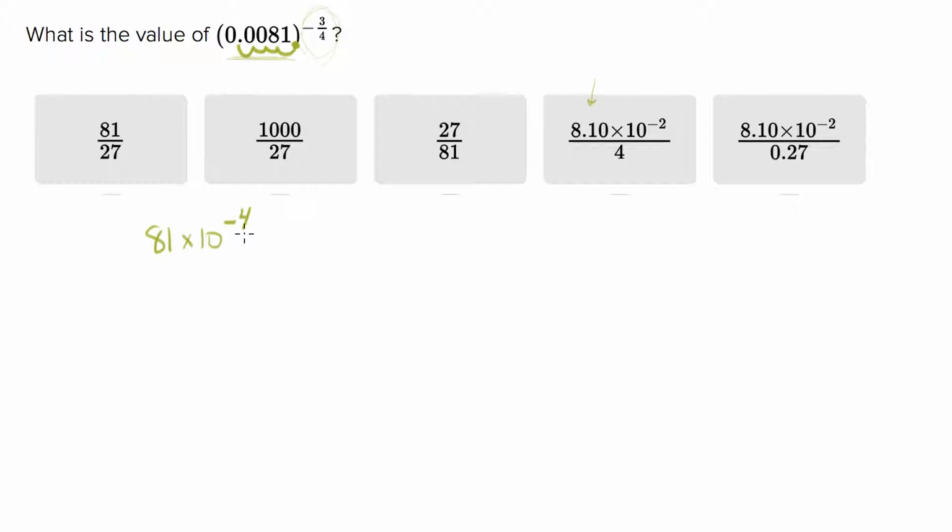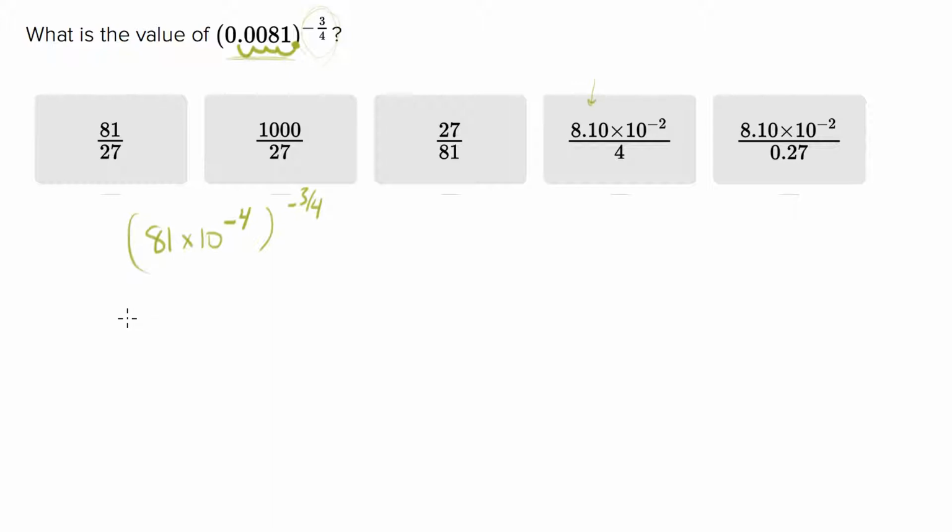If how I did that was confusing to you, look up scientific notation. And that's how you apply that there. All of that is multiplied to the -3/4 power. Let's put that to the side for a moment.